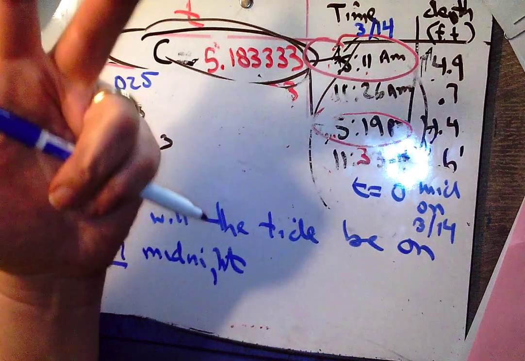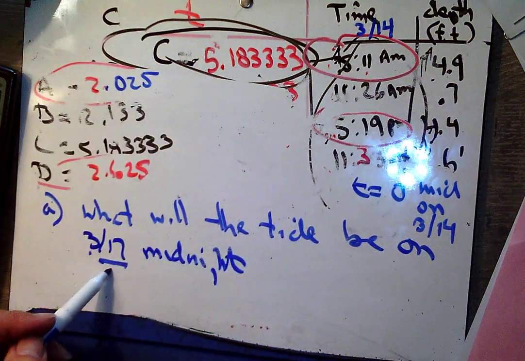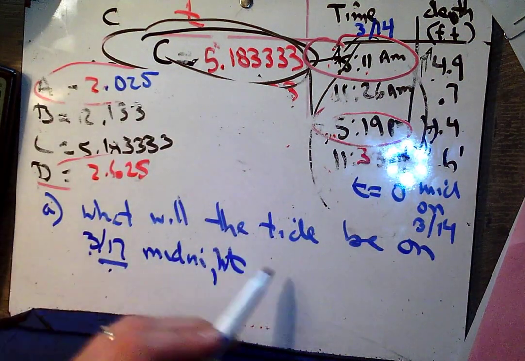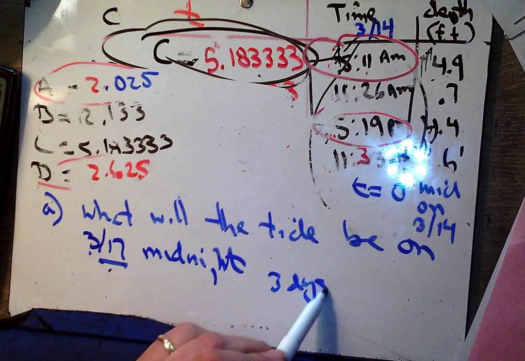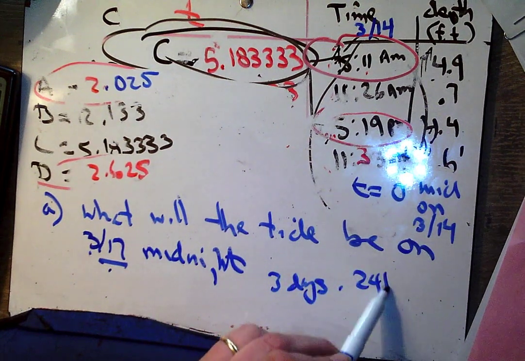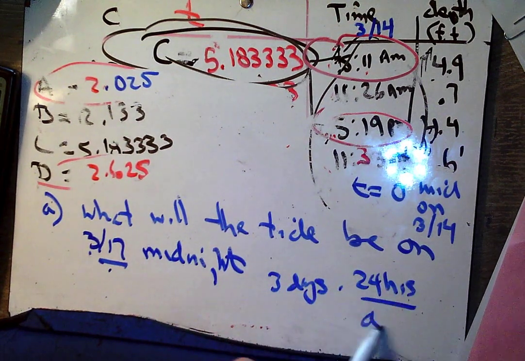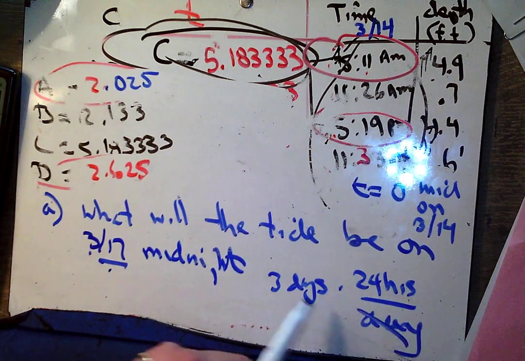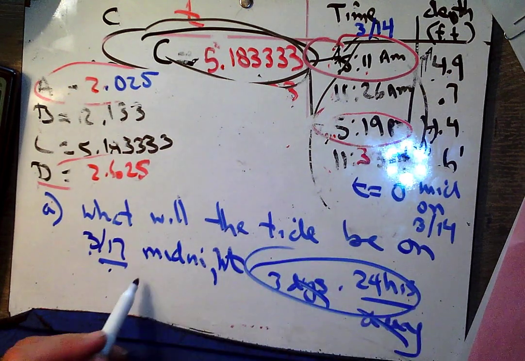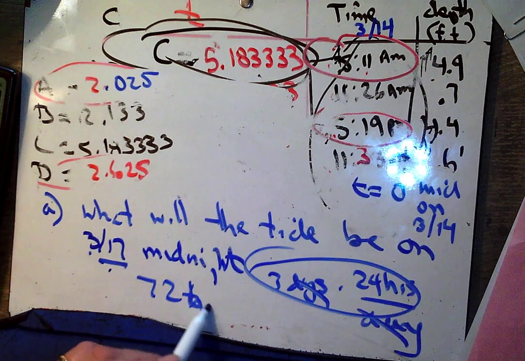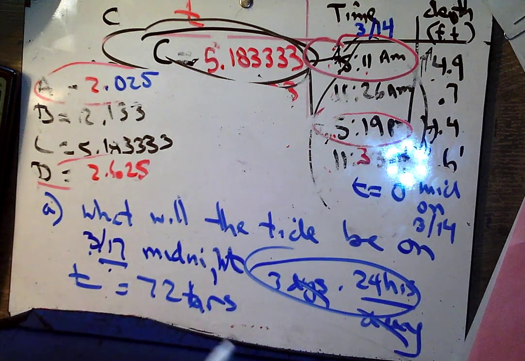So I'm going to get to midnight on the 17th by going 3 days, or going for 72 hours.